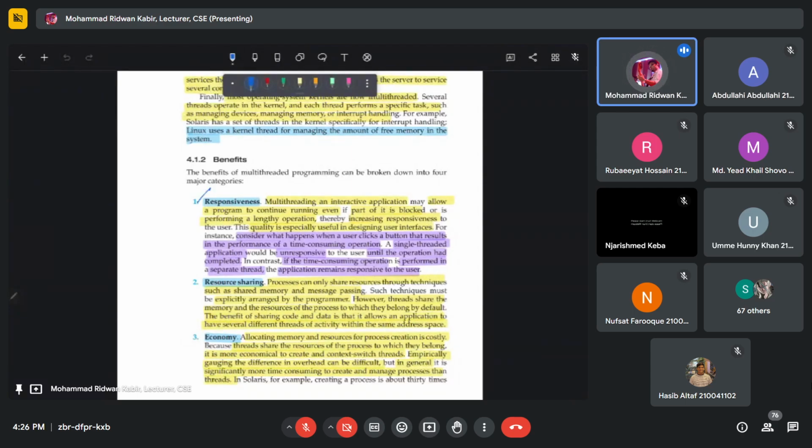If you consider the case of child process, we saw that the child process could share the same memory space or a different memory space with the parent. But in case of threads, the same memory space and the resources of the process to which these threads belong will be shared by default.